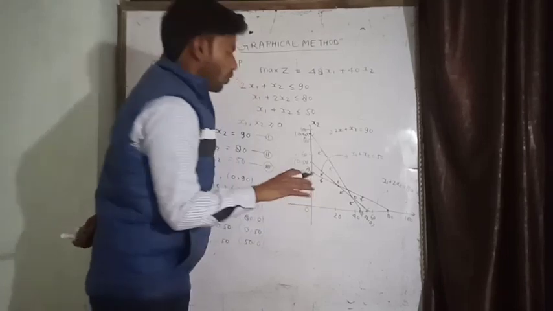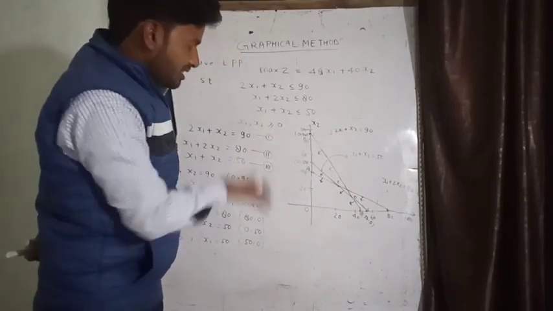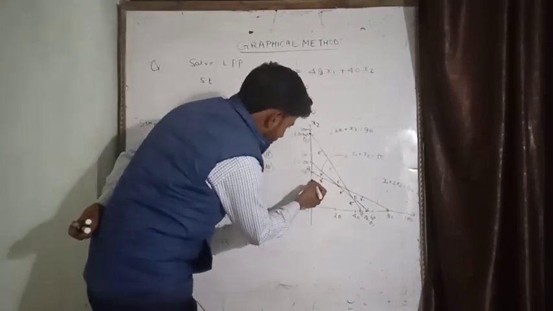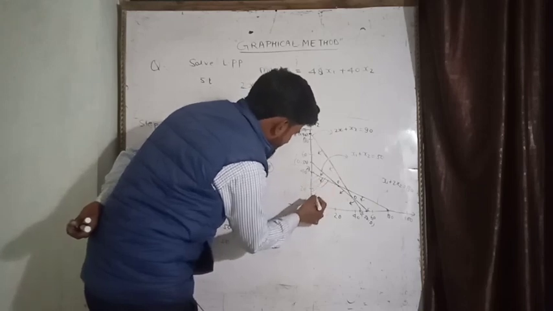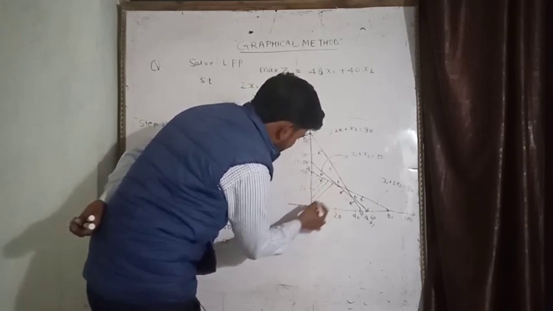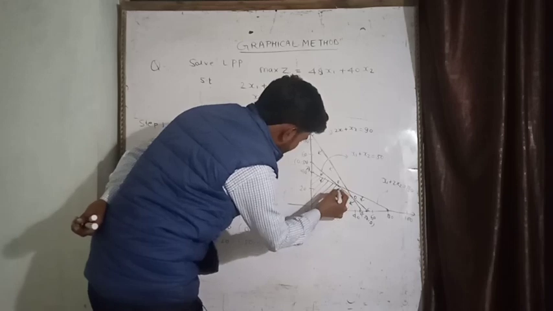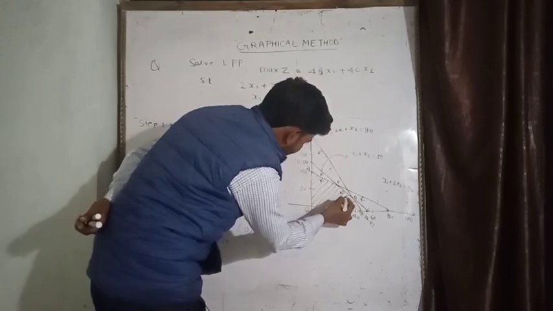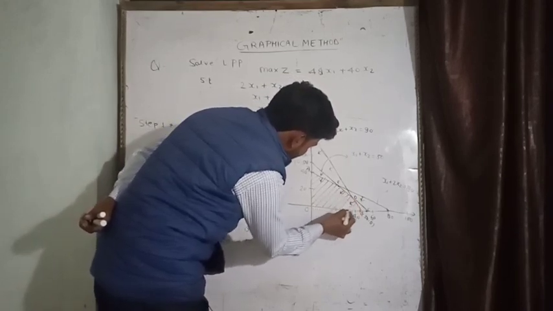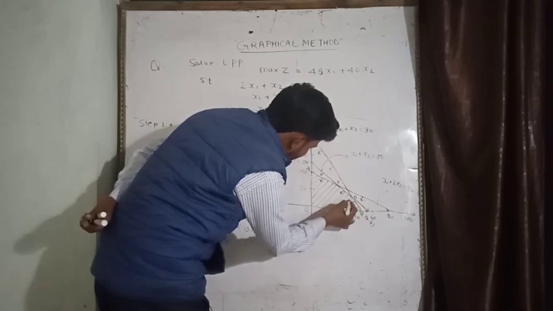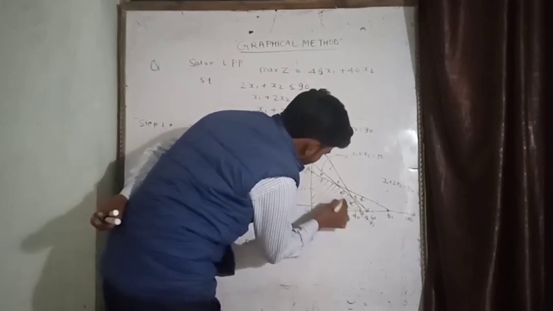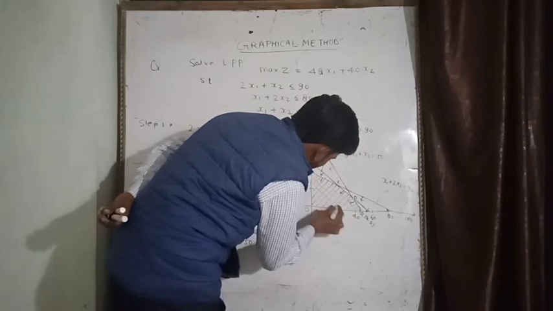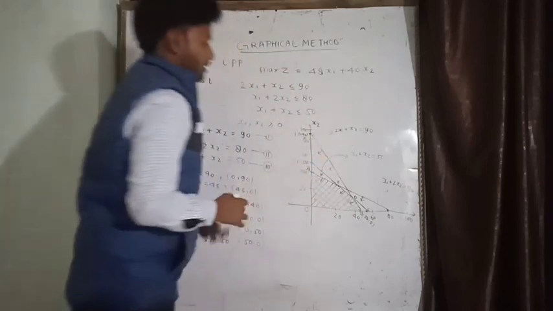So what is the common area in these lines? This is the feasible region.